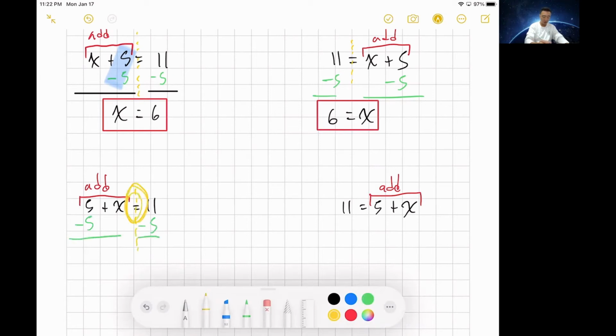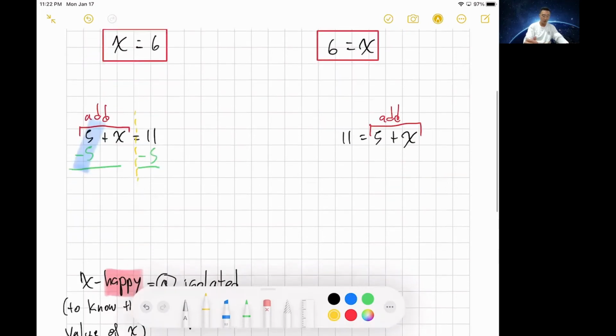And that equal sign is the wall, what divides one side of the equal sign and the other side. Okay, again, 5 minus 5 is 0. So then we have, the x is like, yay, I'm all by myself. But over here, 11 minus 5 is 6.